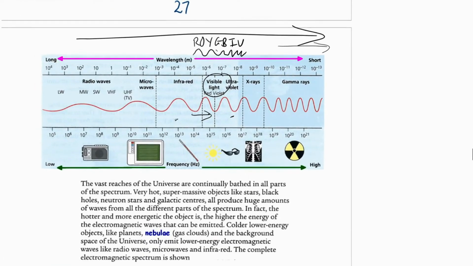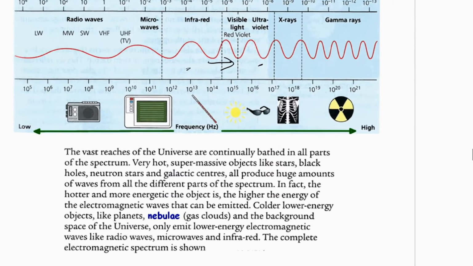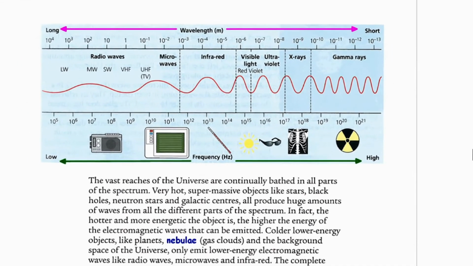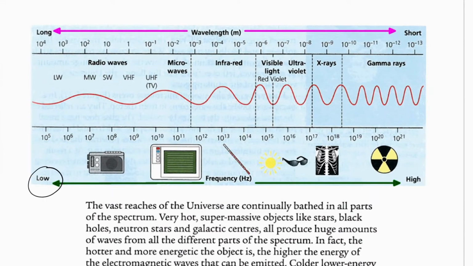Then on the next page, that's what I've just been scribbling and drawing all over, is another diagram of the spectrum, and underneath you can see some uses of the spectrum. And they've done a neat job there of showing frequency, low frequency down here, high frequency, short wavelength, long wavelength.